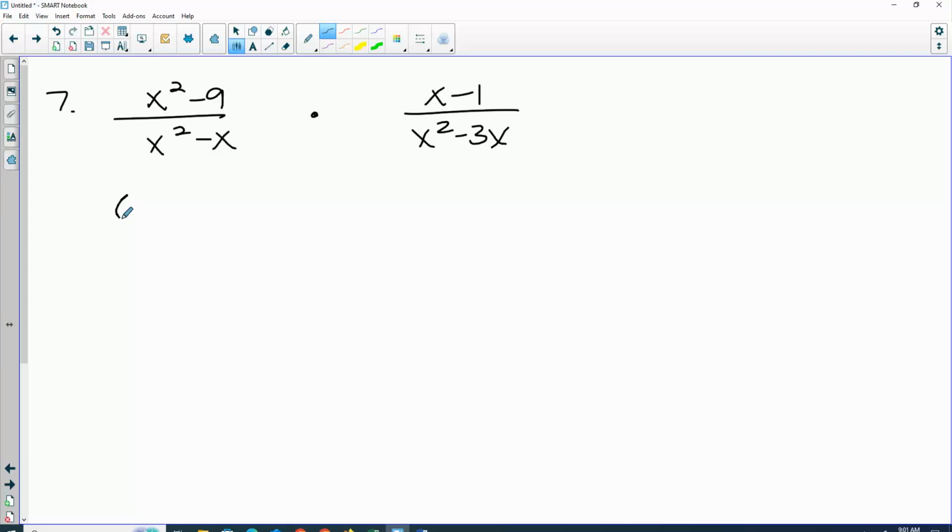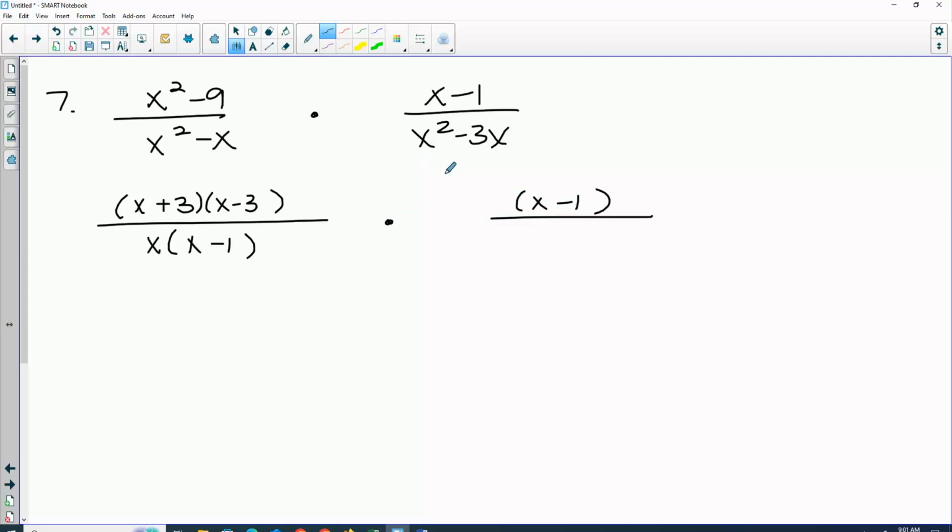X squared minus 9, factor is difference of squares, x plus 3, x minus 3. X squared minus x, what could you do to factor that? Take an x out, and that leaves us with x minus 1. Okay, x minus 1, I cannot factor. X squared minus 3x, we can take out an x, left with x minus 3.